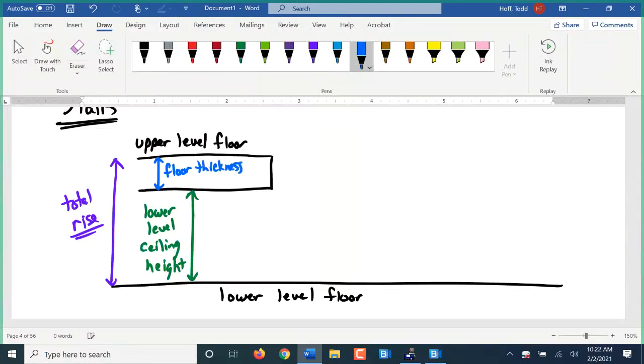Floor thickness does include the thickness of the finished floor up above, so whether it's carpet, tile, whatever, and it includes the thickness of the ceiling down below. So it's not just your joists or your floor trusses and your subfloor. It is the full thickness of the floor. Those two items, of course, add up to make your total rise.